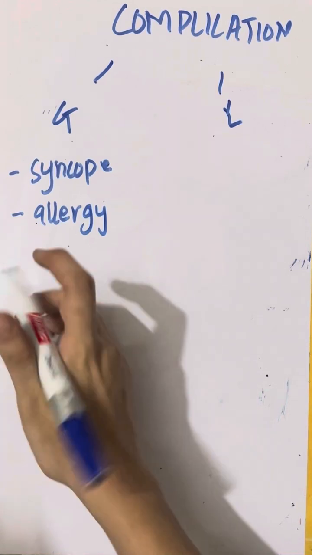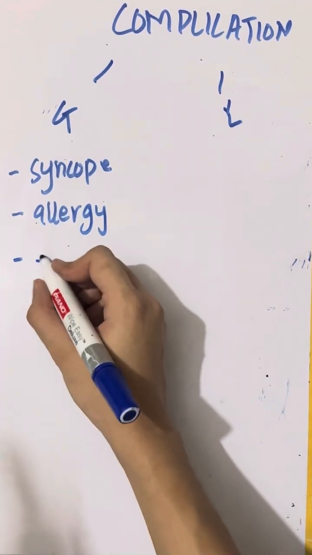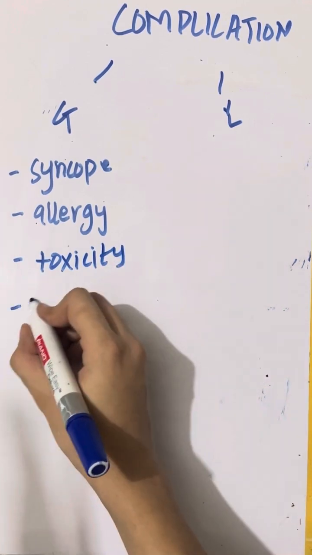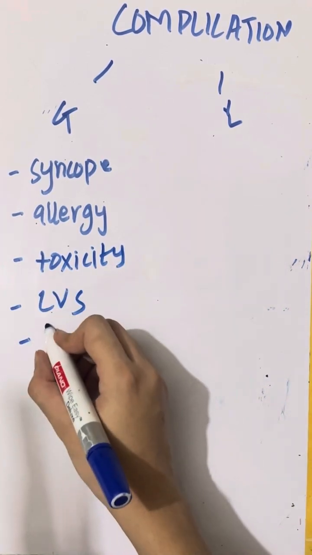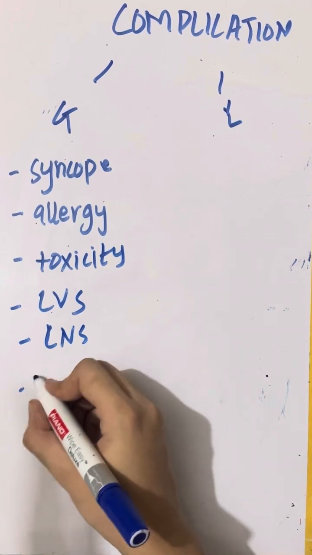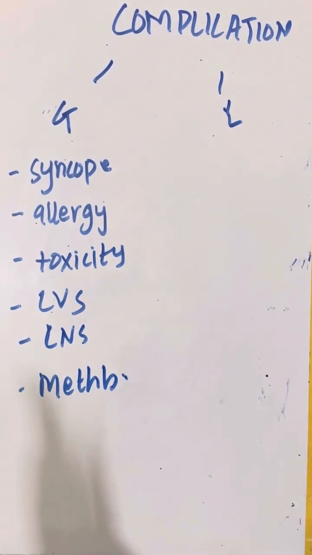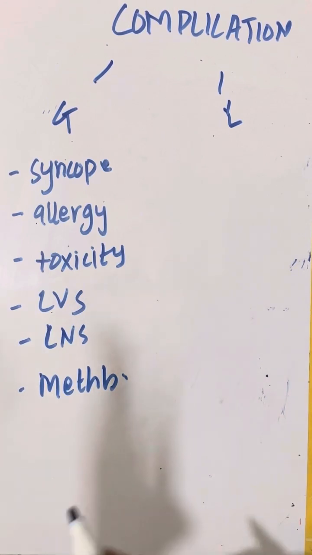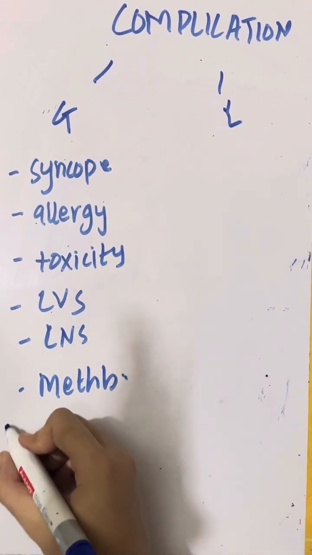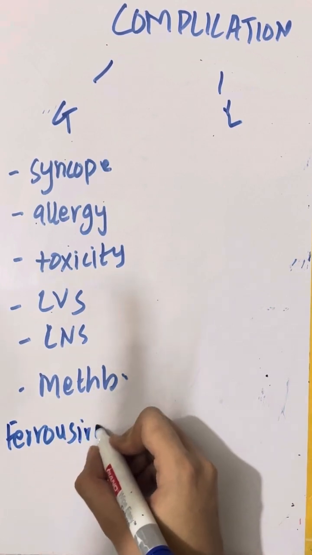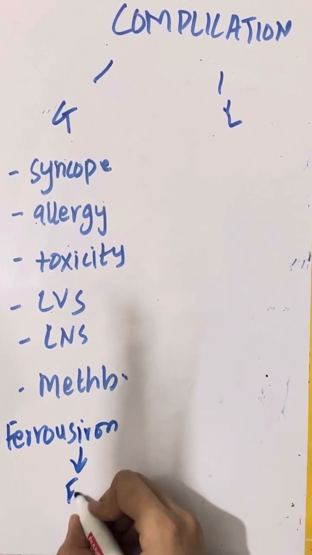For allergy, you first have to go for a patch test. Toxicity if given in overdose, cardiovascular effect, CNS effect, methemoglobinemia. What is methemoglobinemia? In methemoglobinemia, the ferrous iron which is present in normal hemoglobin is converted into ferric.